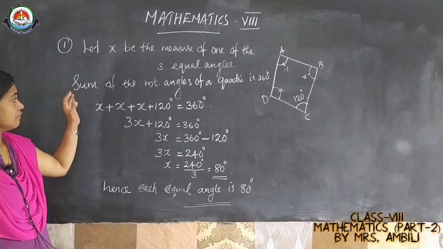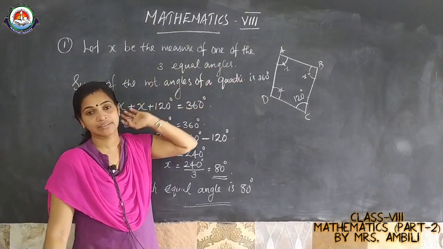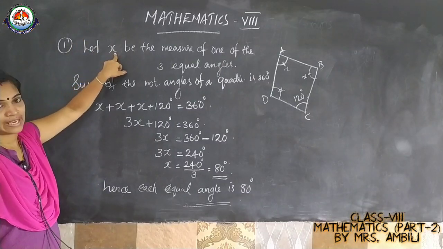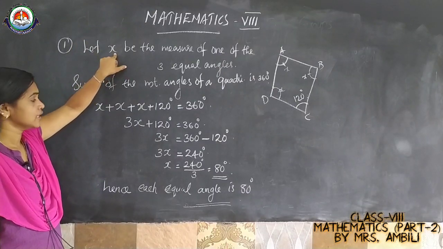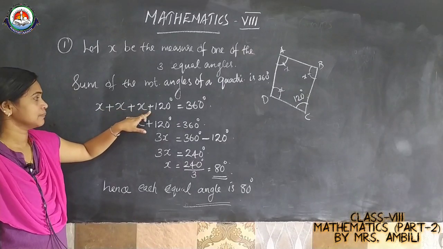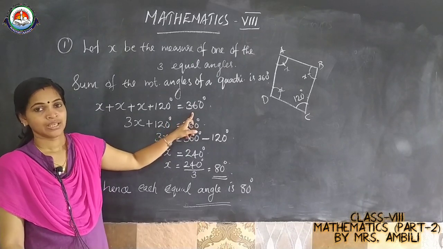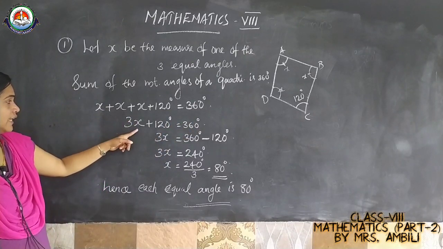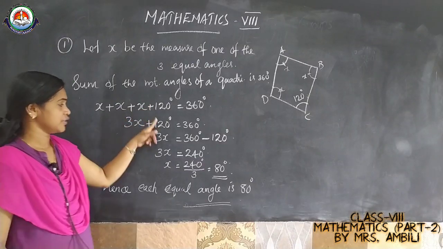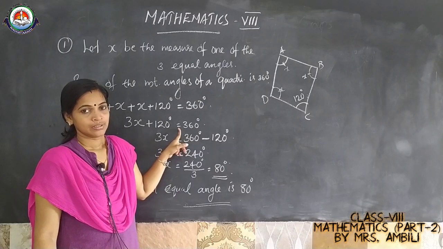For that we know that the sum of the interior angles of a quadrilateral is 360 degrees. So, we took the equal angles as x degrees. So, x plus x plus x, 3 equal angles, plus 120 degrees equals 360 degrees. Clear? So, we can write 3x plus 120 degrees equals 360 degrees.